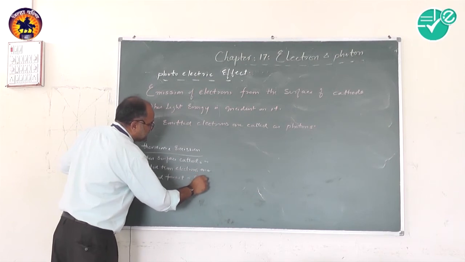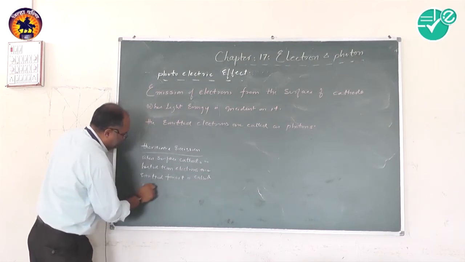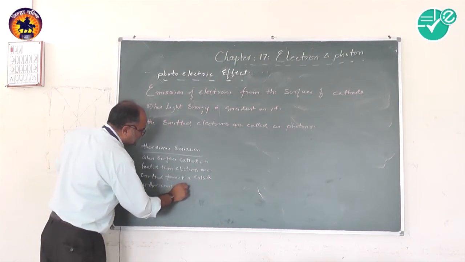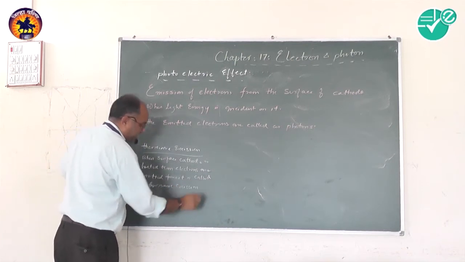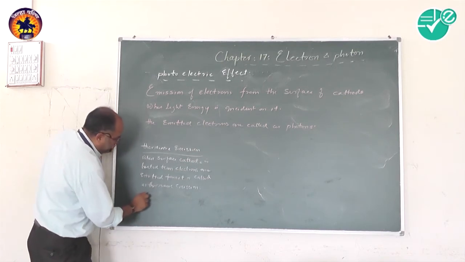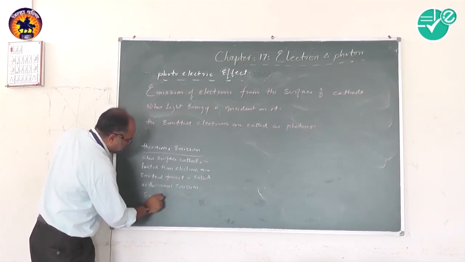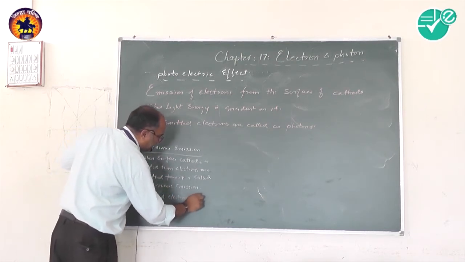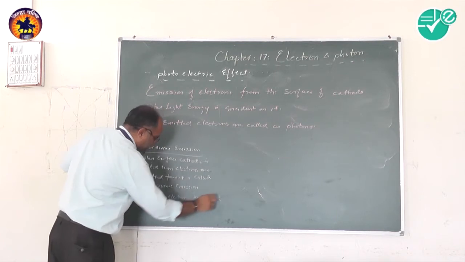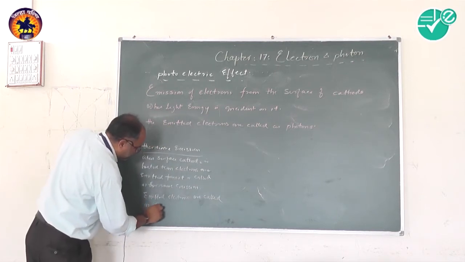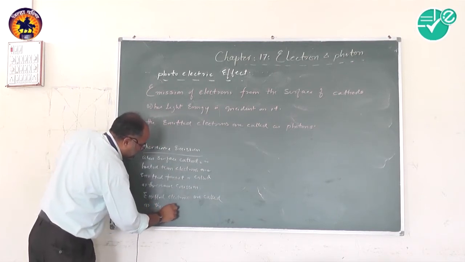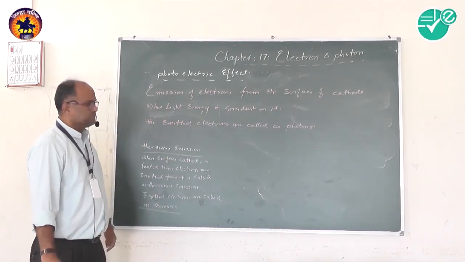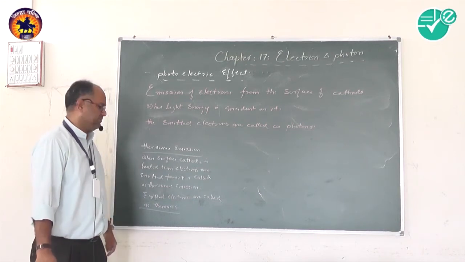This is called thermionic emission, and the emitted electrons are called thermions.